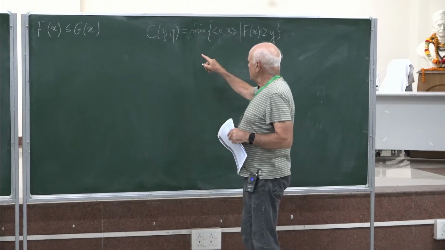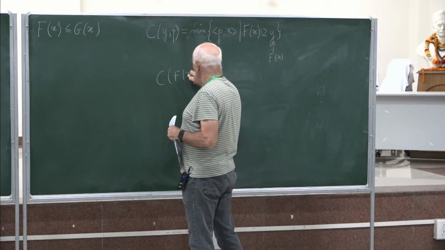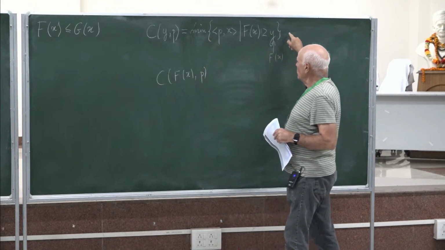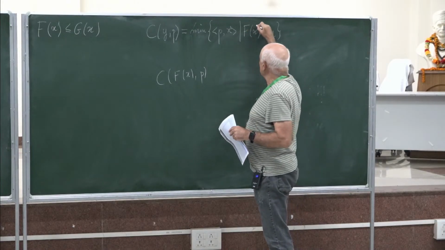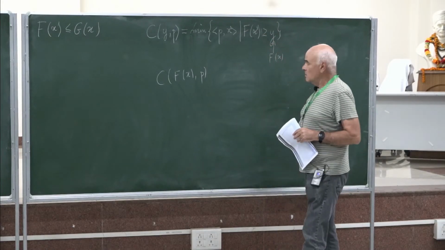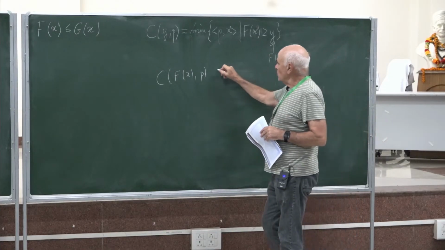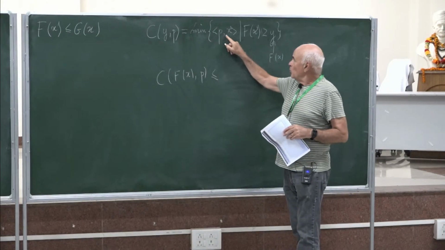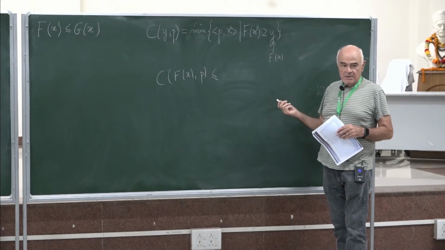So when we replace y with f of x, this is the minimum, and x prime equal to x satisfies this condition. So the cost would be less than or equal to the cost corresponding to a feasible x prime, and a feasible x prime is x.